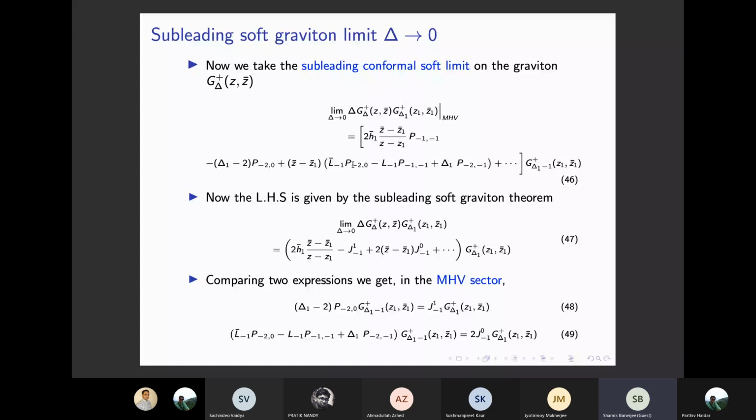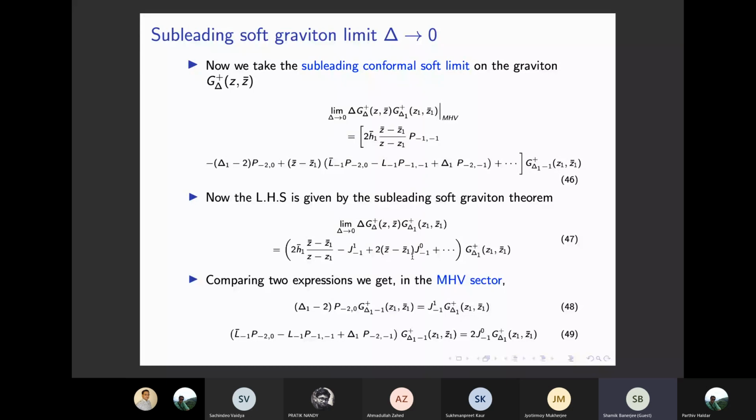So that's what we see here. Now the order 1 term will not match, and if they have to match, then this thing has to hold. Similarly, if you look at the order z bar minus z bar 1 term, you get this term from the OPE, but from the subleading soft graviton theorem, what we get is this.